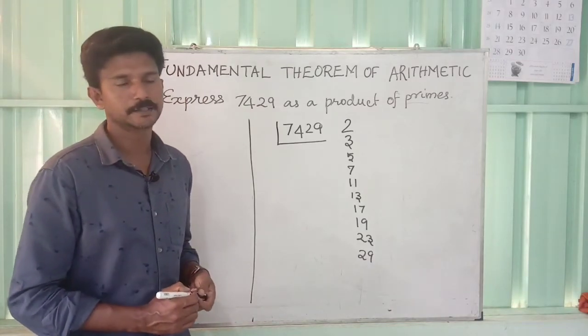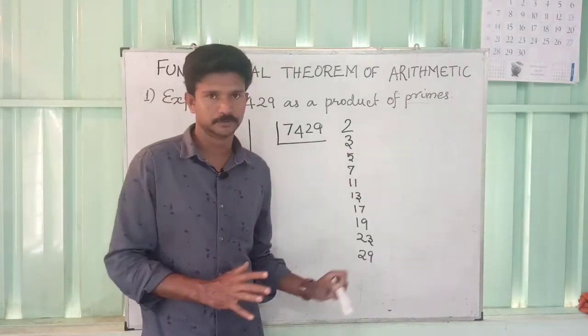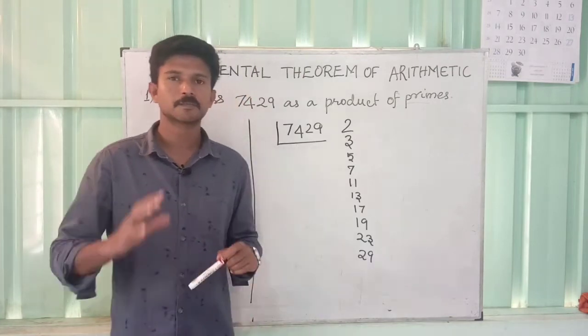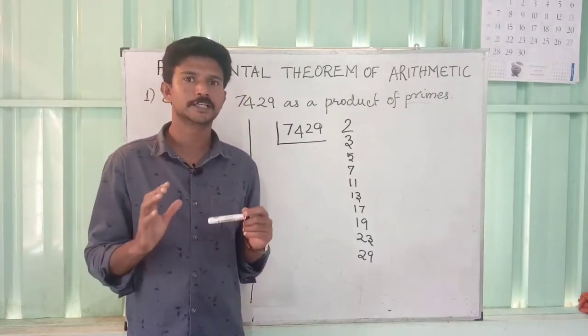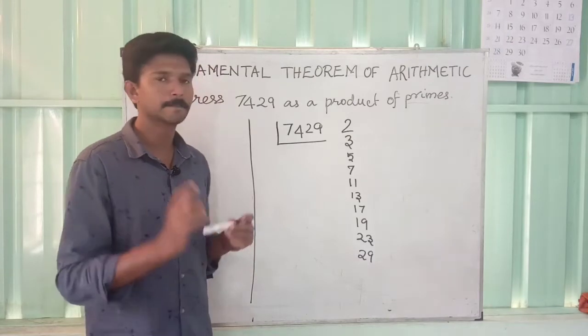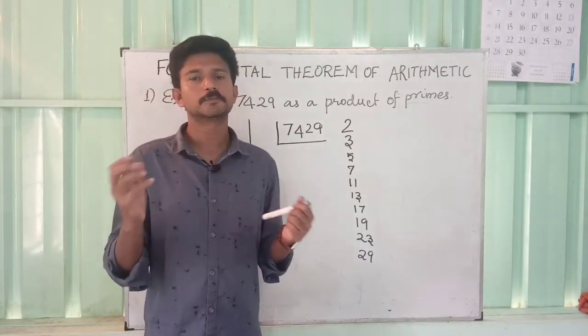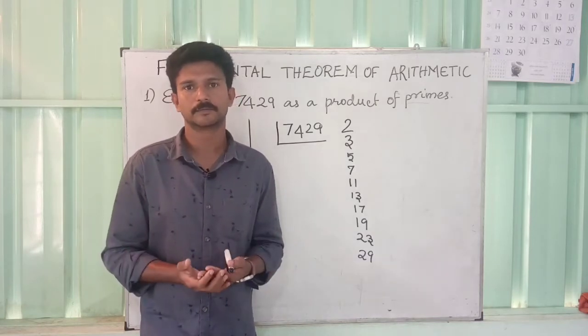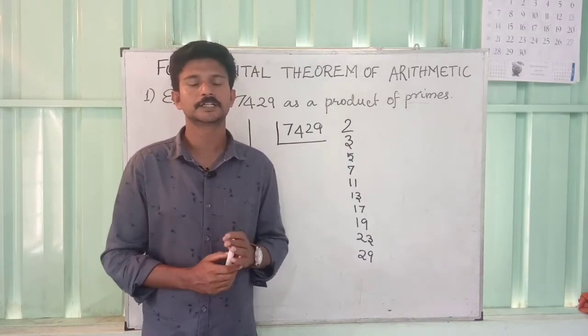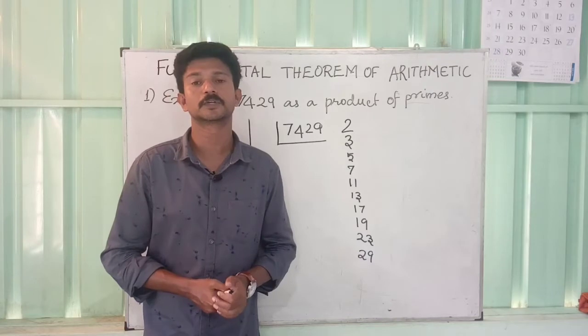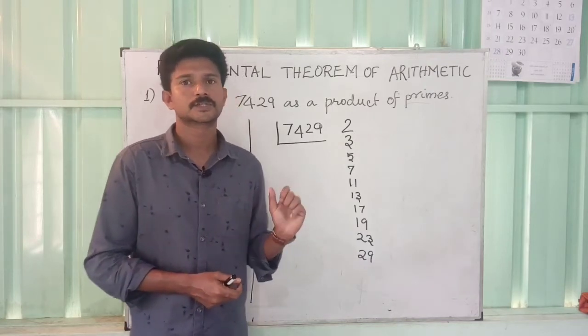Before dividing, we are not going to divide directly. We are going to check the numbers one by one. This time we should remember the divisibility rules we studied in class.